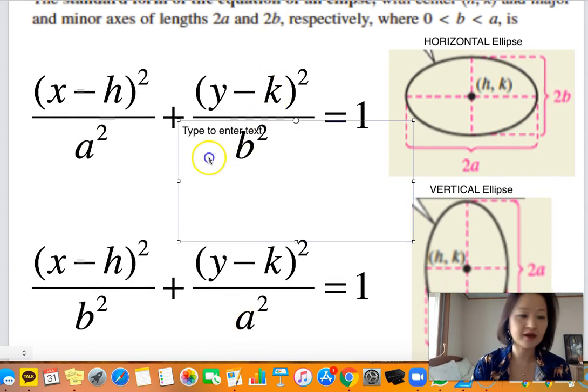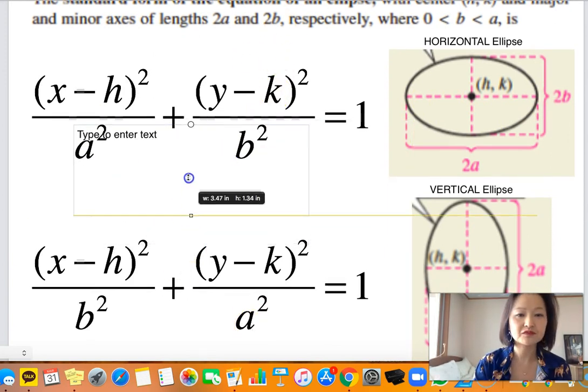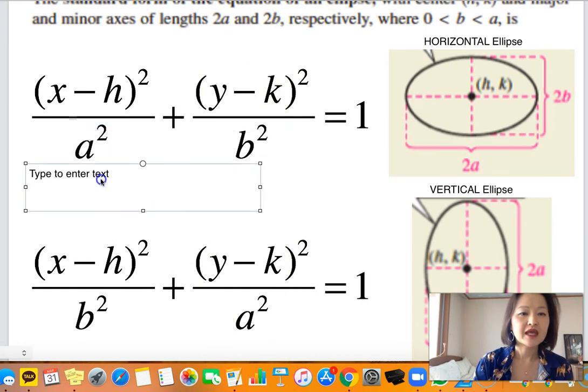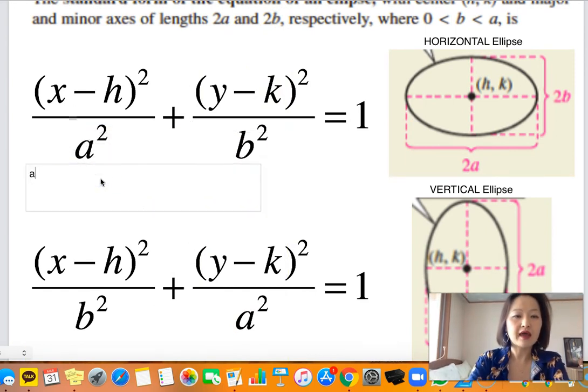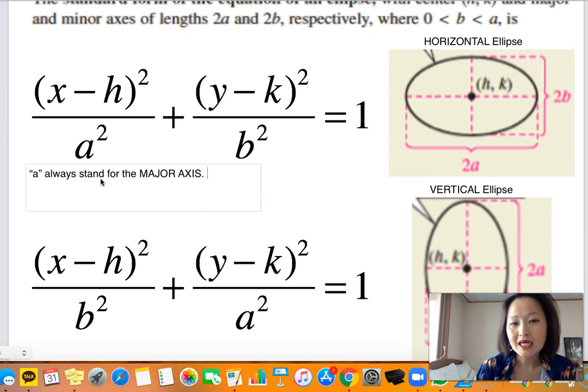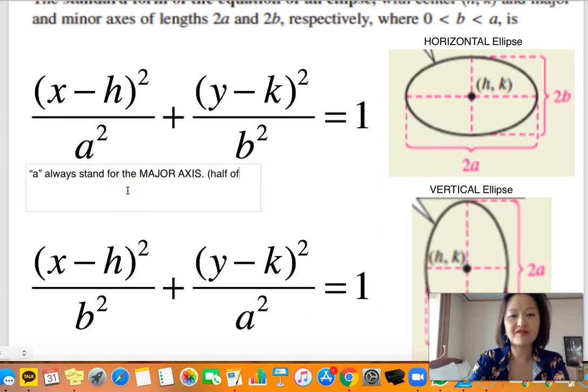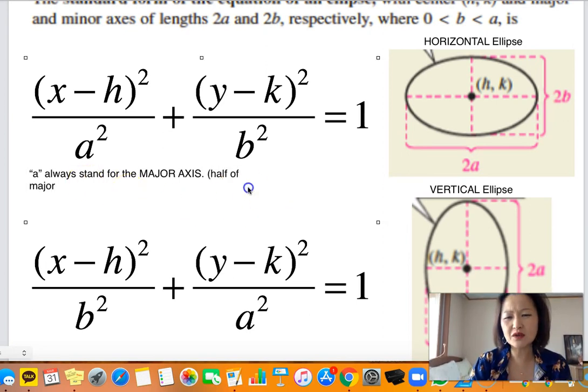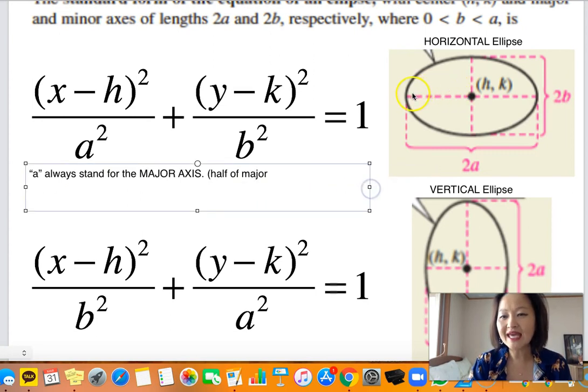So let's write some comments here. Lowercase a always stands for the major axis, but it's actually half of the major axis. Doesn't it look like half of it? Like 1a is from the center to the vertex.